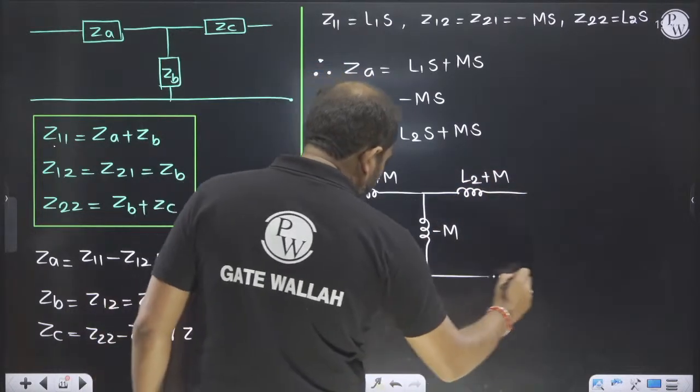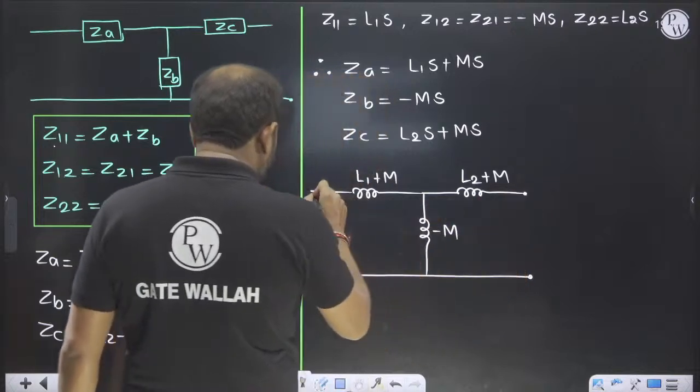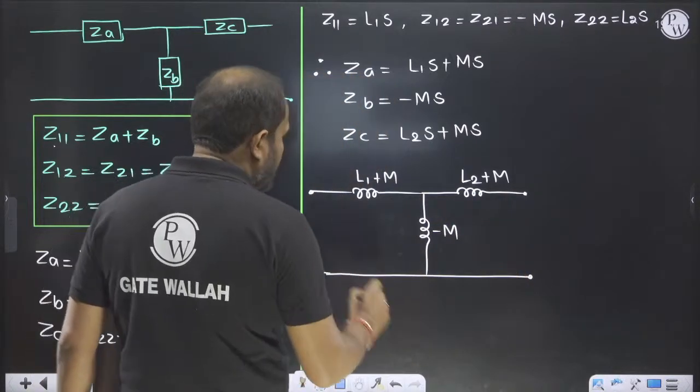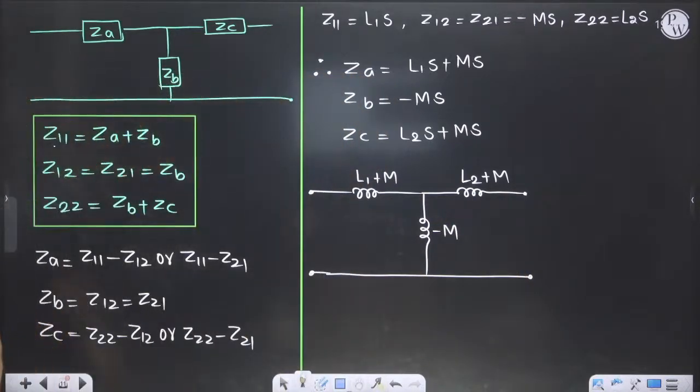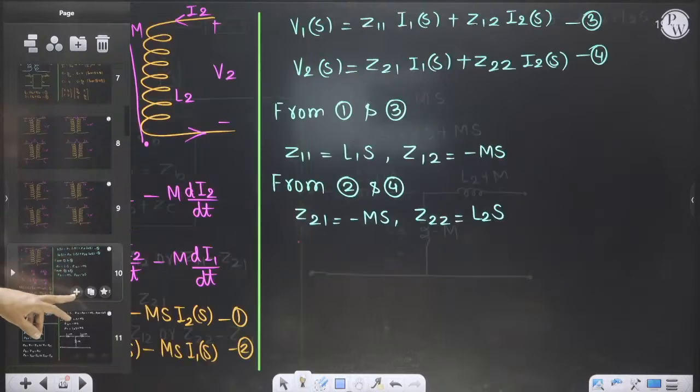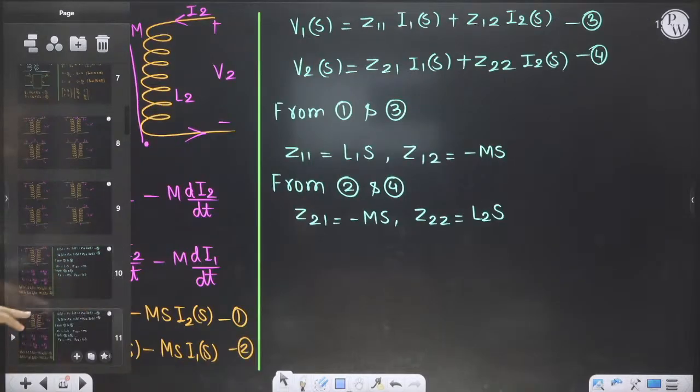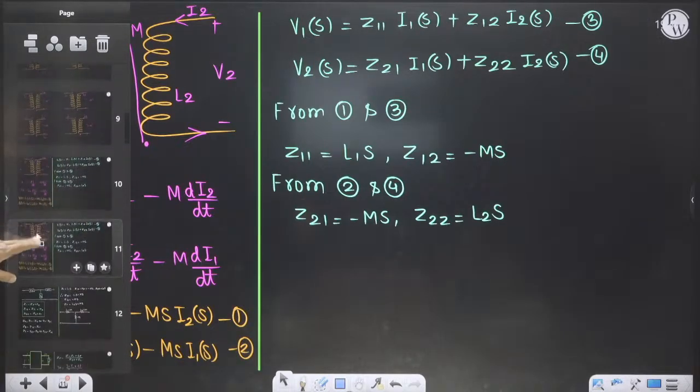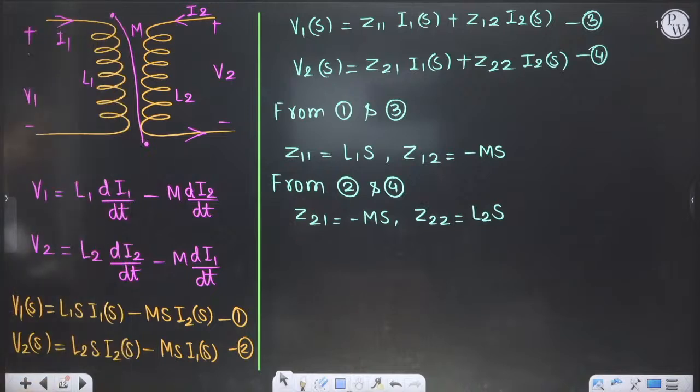So we have the T network for this transformer. What is the T network for this transformer?